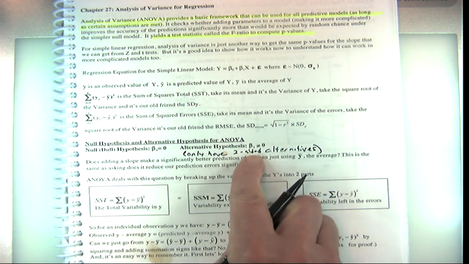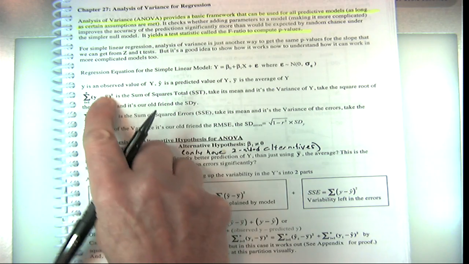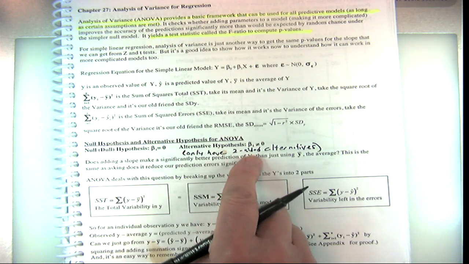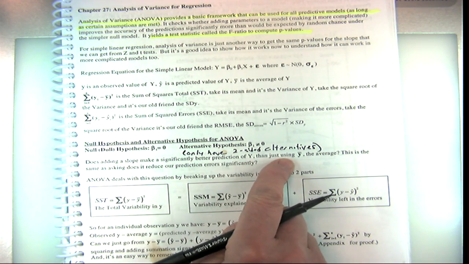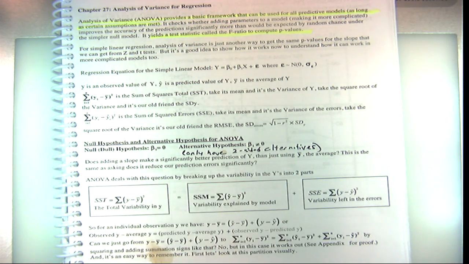They're not going to look two-sided because our statistic is going to be always positive since we're squaring everything. But they're equivalent to the two-sided alternative. They can't distinguish between less than and greater than. It's just not equal to.